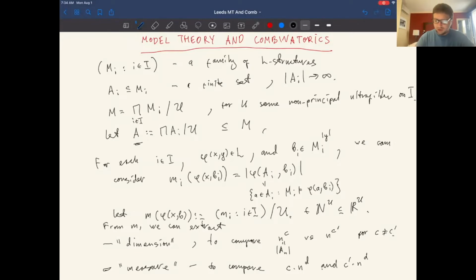The exponent d is the same, but the constant varies. So somehow the fraction varies, and this corresponds to measure in the ultraproduct. That's what we are going to talk about today, or more specifically, so-called Keisler measures.